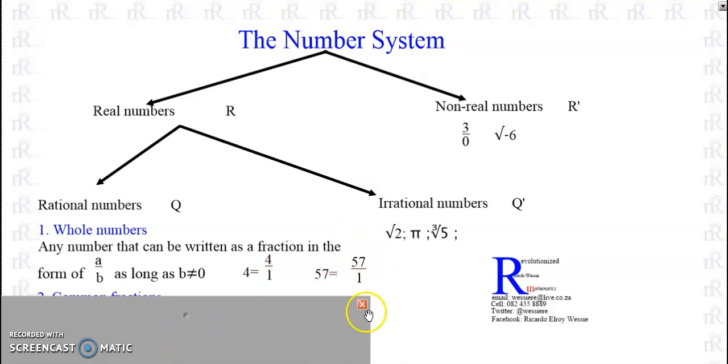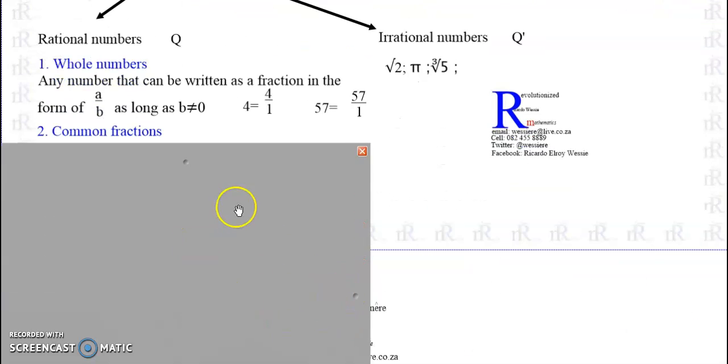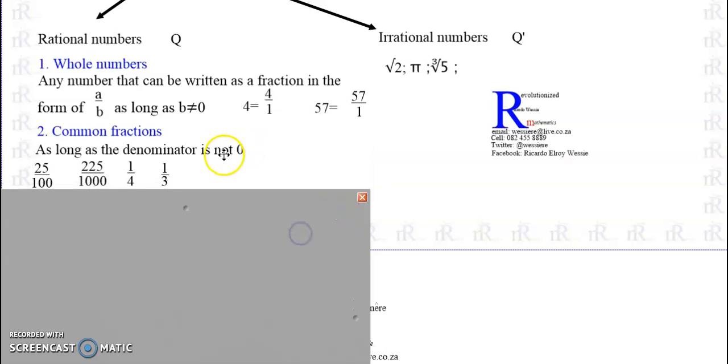So that is a whole number. Then common fractions. Here we can look at a half, a third. As long as the denominator is not 0, any common fraction, 25 over 100, 225 over 1,000, a quarter, a third, you name it. Any fraction is deemed a rational number.